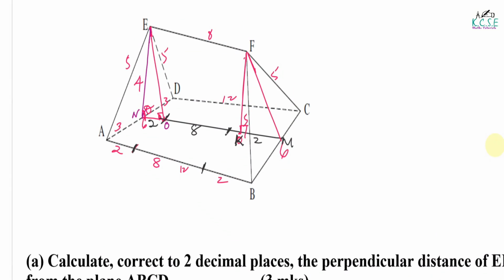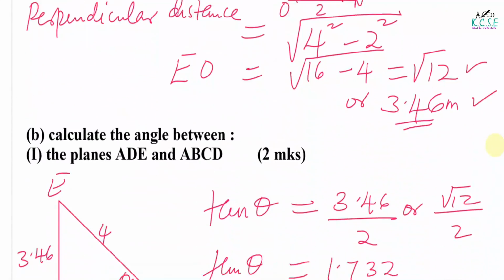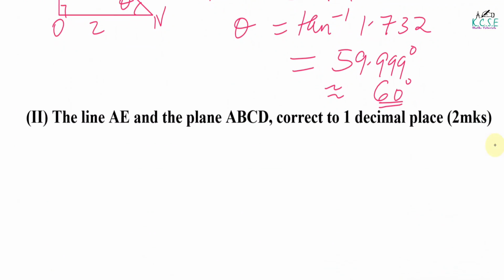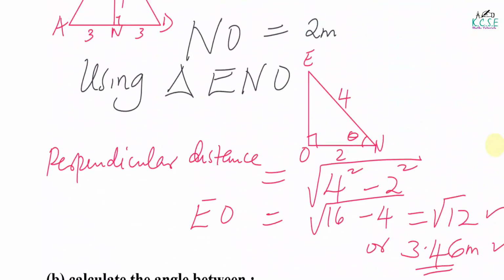So what we need to get is the projection of AE on plane ABCD. So that is very important.